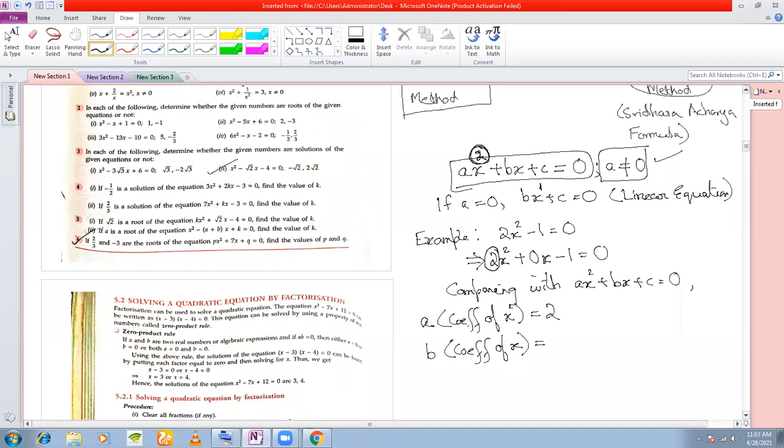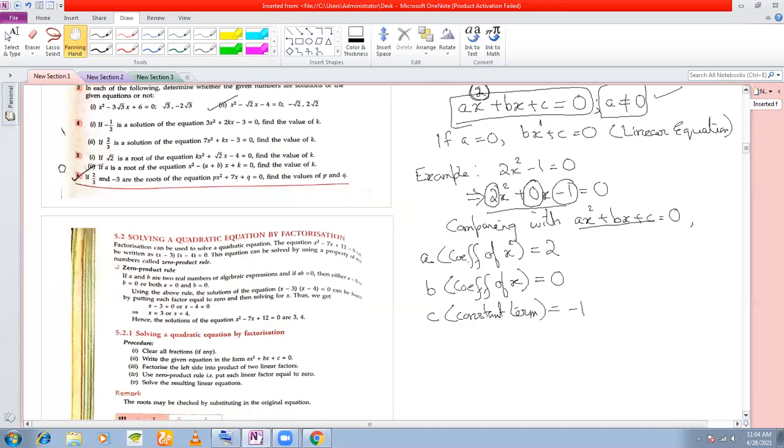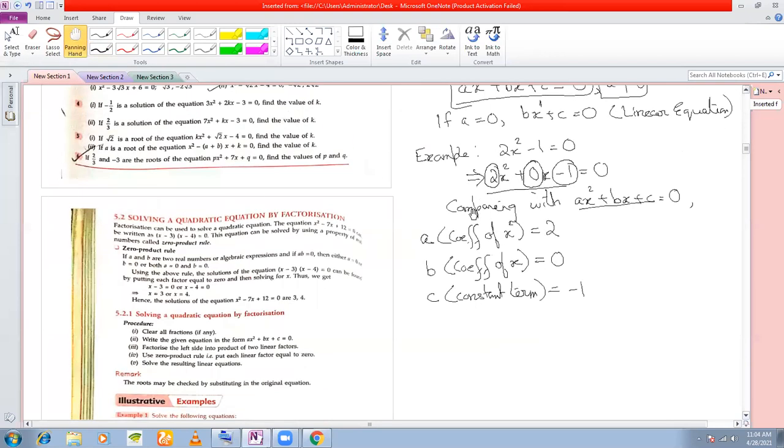If you compare with this, you'll get b equal to 0. And c is called the constant term. If you compare ax square plus bx plus c with this equation, you get c is equal to minus 1. So what you see is that any equation, if the highest power of x is 2, can be written in the form ax square plus bx plus c.